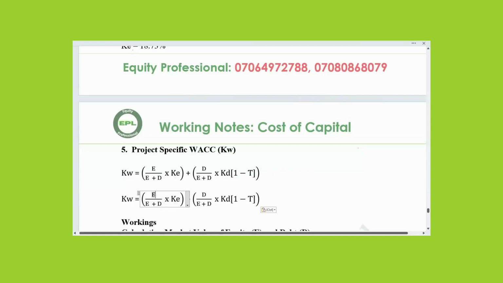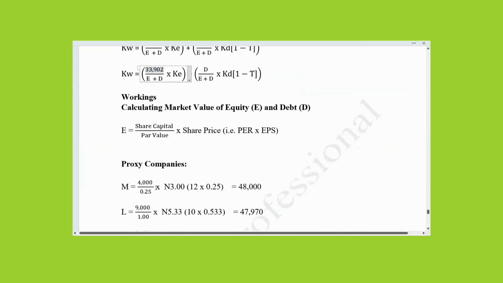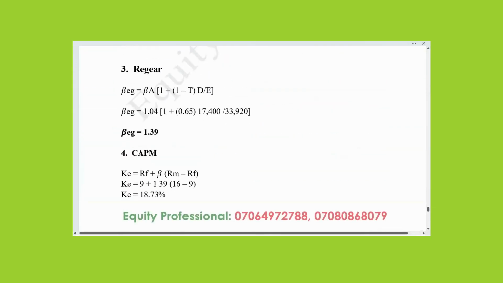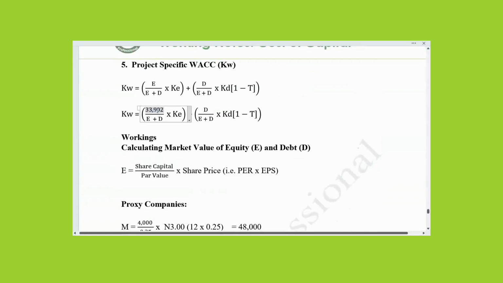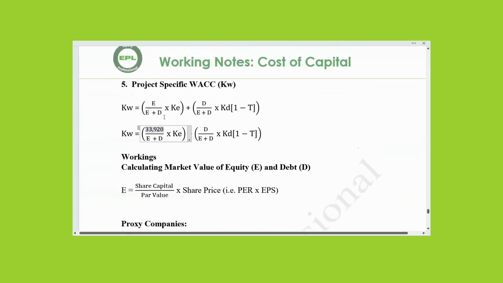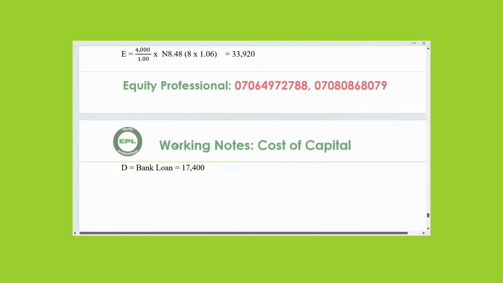So equity value of Kilimanjaro is 33,902. Is it 902? Let me confirm. Under regear, 920. Then equity plus debt.